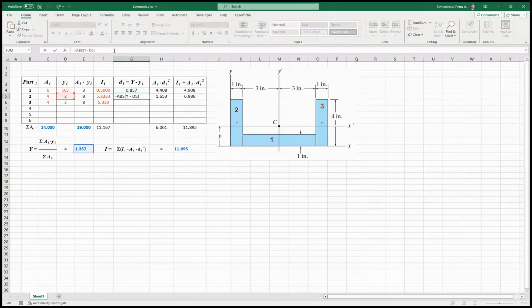This other one, and I take the absolute value because it's going to be squared. So the other one is the elevation of the centroid, it is y bar, and we subtract from it, or rather, from 1/2 of 4 inches we subtract the centroid.